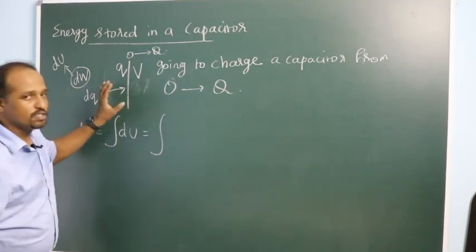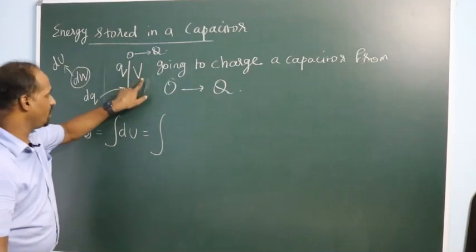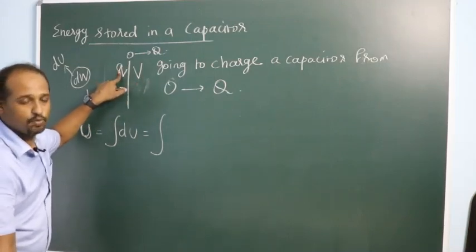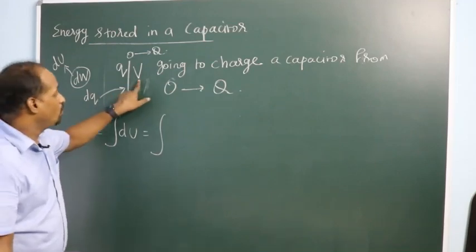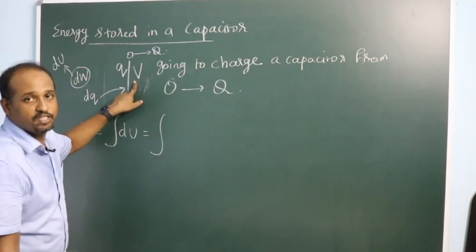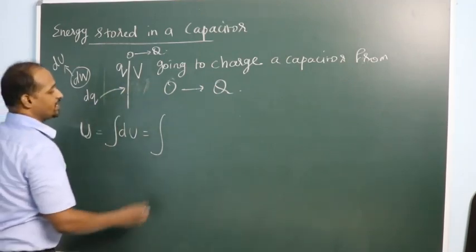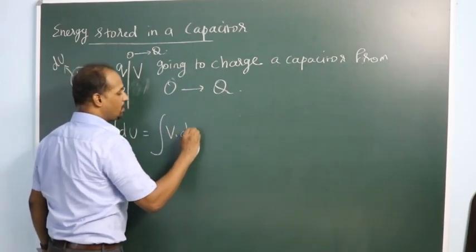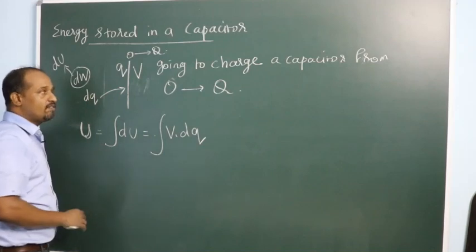At a typical point, the potential of this is V and the charge of this conductor is q. When you want to add charge dq, for 1 coulomb of charge, V joules of work needs to be done. For 2 coulomb, 2V joules of work. For dq coulomb of charge, V into dq joules of work needs to be done. So V dq is the increase in energy.